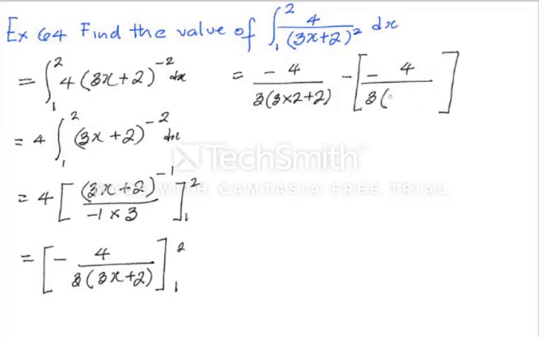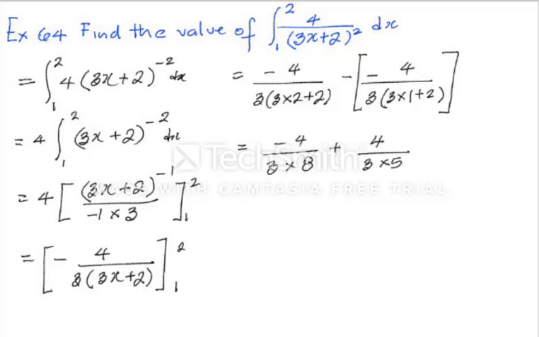Over 3 into 3 times 1 plus 2. So this becomes minus 4 over 3 times 8, minus minus, which is a plus 4 over 3 times 3 plus 2, which is 5. So this is 3 times 5.